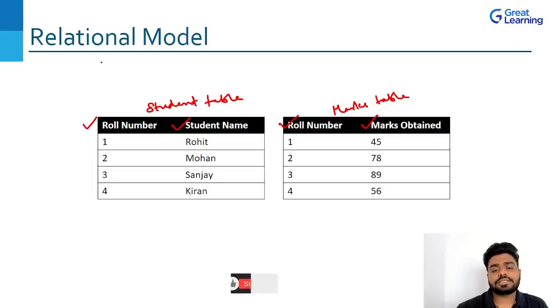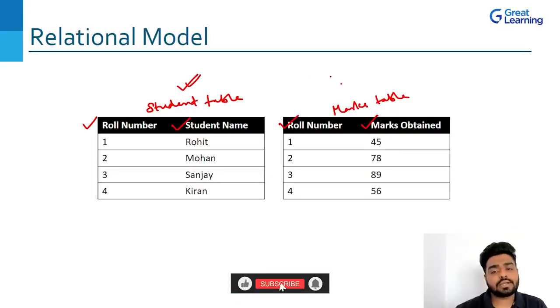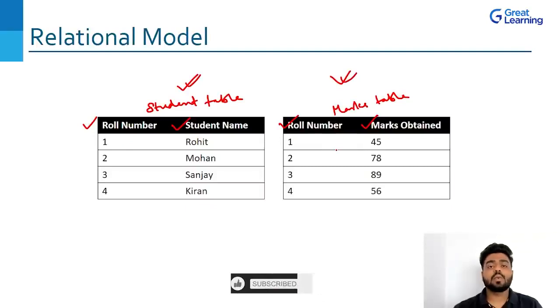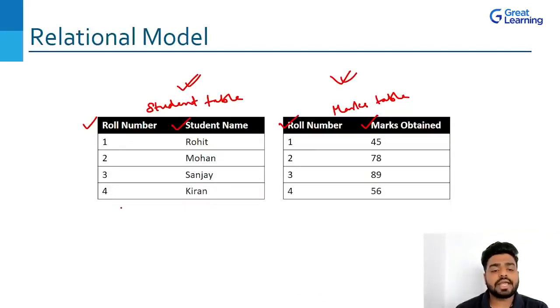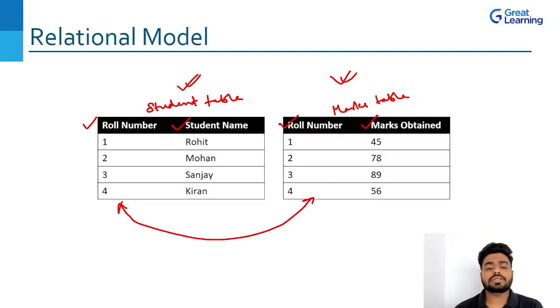Now, considering these two tables, we can get roll number, student name, and marks. Why? Because we have one particular column which is common in both the tables. Roll number is the column which is common in both the tables, and because of this roll number we are able to fetch roll number, student name, and marks obtained.